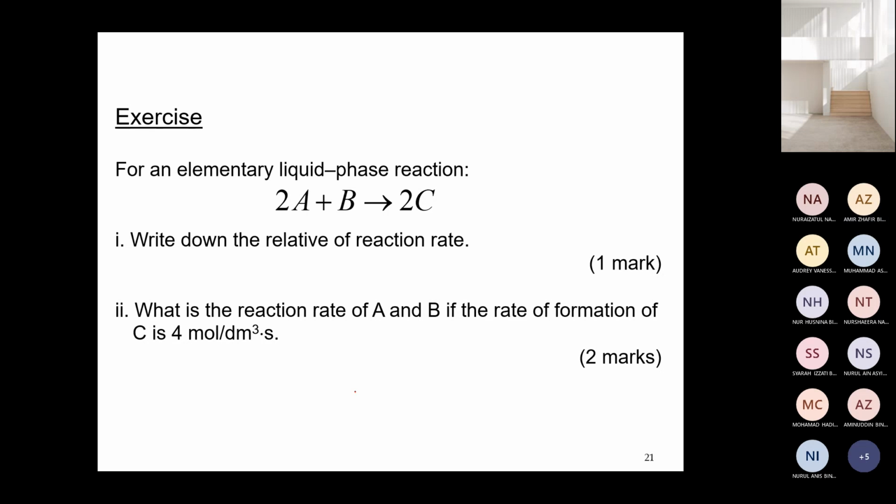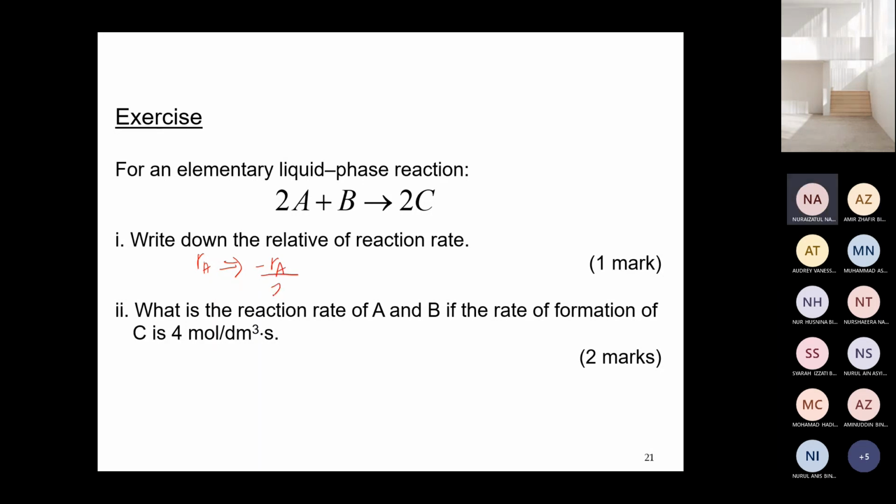Okay, alright, so say 2A plus B is equal to C. What is RA? Let's answer together. Anyone wants to answer? Okay, RA should be negative or positive? Negative. It should be negative RA, and then divided by what?